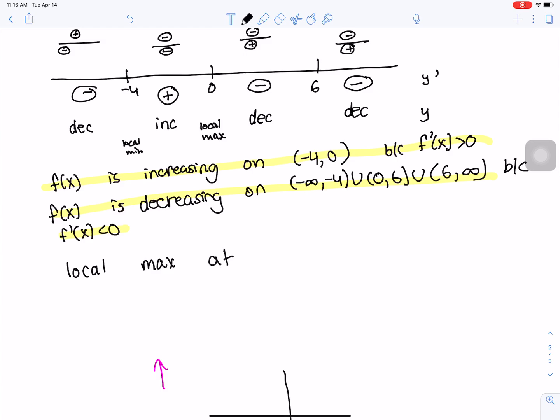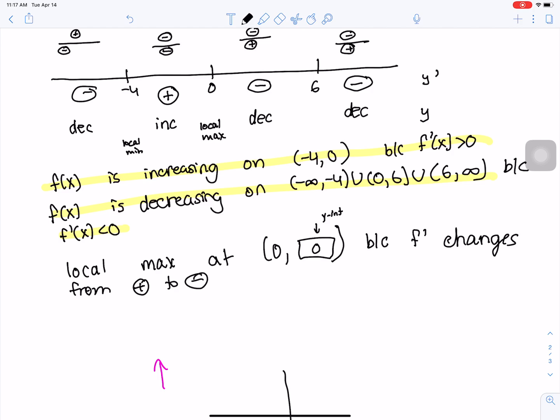at 0 comma blank. We know that value will be 0 because it was the y-intercept or x-intercept, but you can figure it out if you need to, because f prime changes from positive to negative.